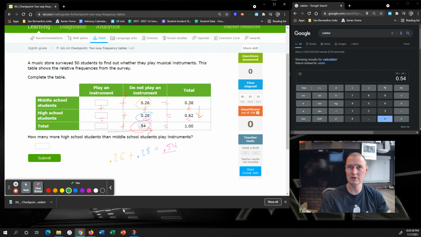We've got something we don't know, which we call x, plus 0.26 equals 0.38. Makes sense? So this is that row right here. Now what we're going to do is use algebra and simply solve for x. This is something called a one-step equation.